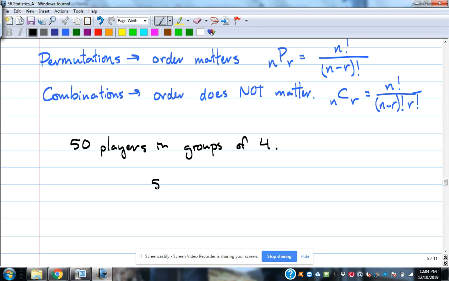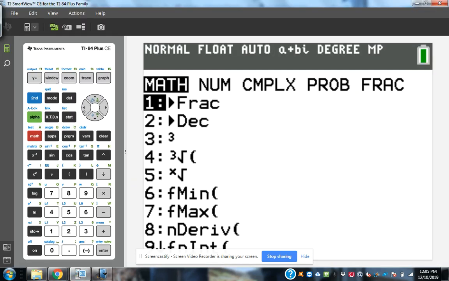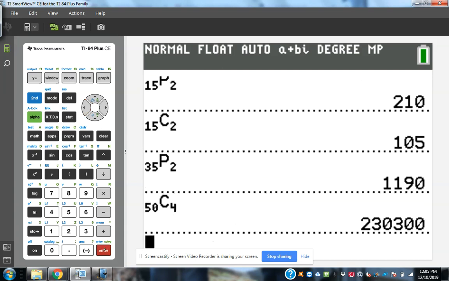So we're doing 50 combination 4. How many different groups are there? So 50, math, probability, combination, 4. 230,300 different ways to make y'all into groups of 4. Big 4 people.